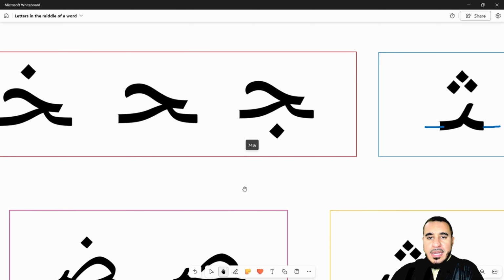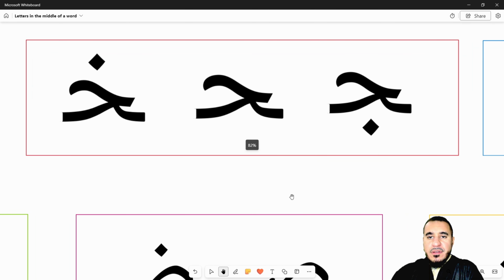Let's look at the next 3 letters. We have the jim, ha, and kha. When we looked at these letters at the start of a word, we just saw that it didn't have this part here. Remember, it didn't have this part here. It was just this shape like that, okay?